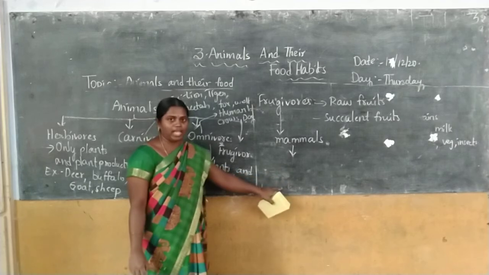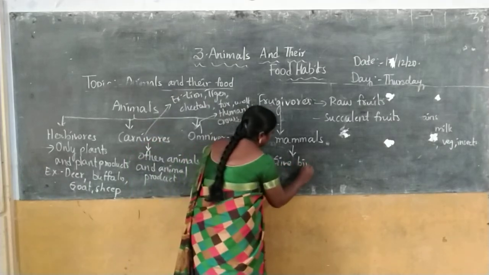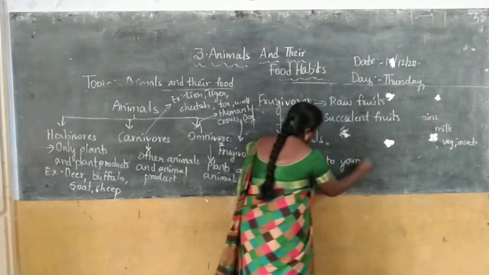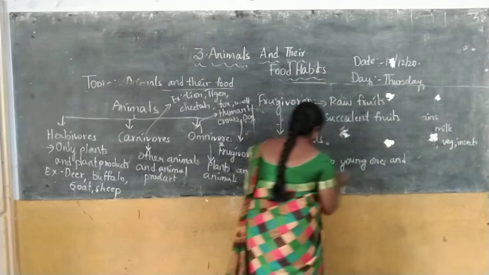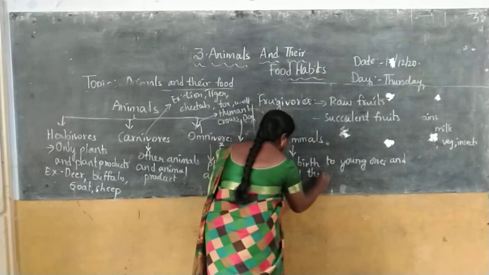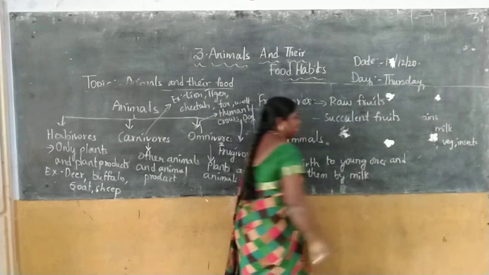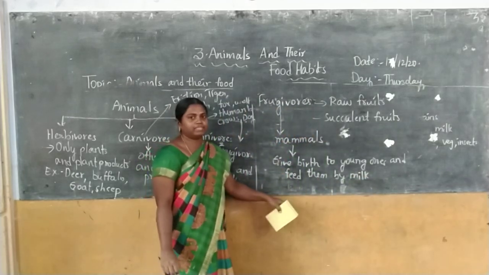Mammals are the organisms that give birth to young ones and feed them by milk. They take care of their children by feeding them with the help of the milk.